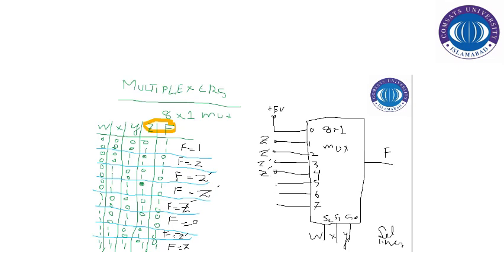The sixth is 0, so we would ground that. The seventh is Z prime again, and the eighth one is Z. So in this way we have implemented the given Boolean function by using multiplexers only.